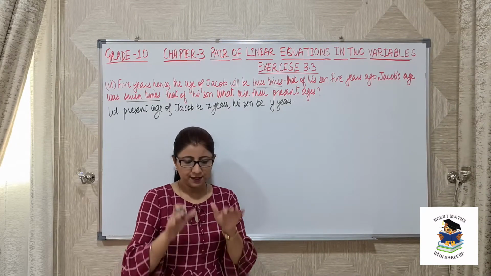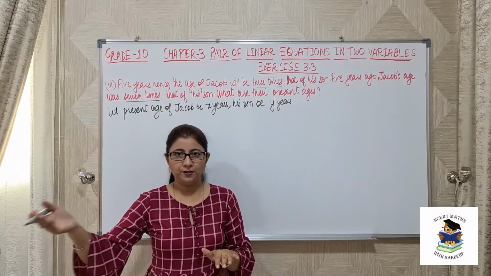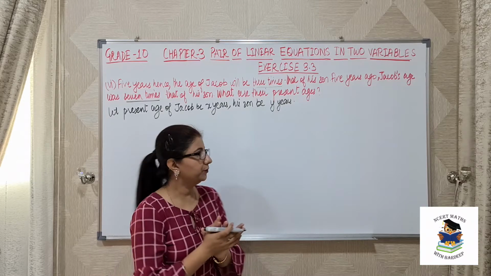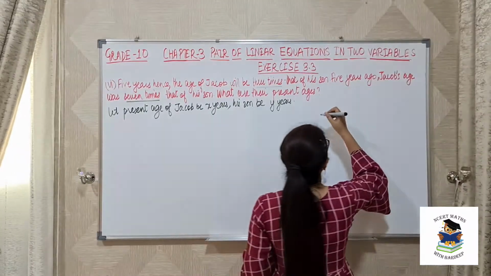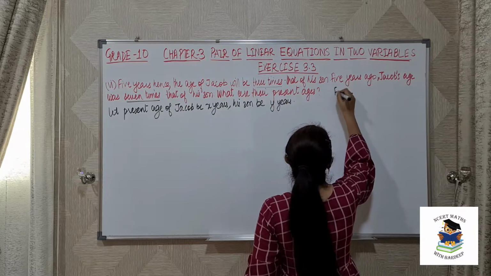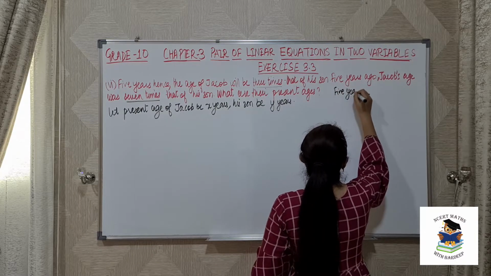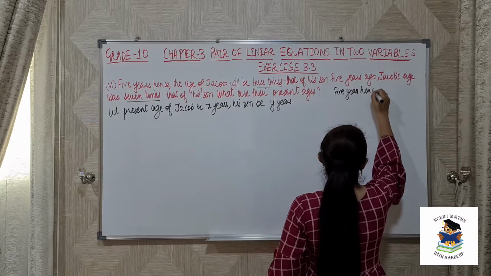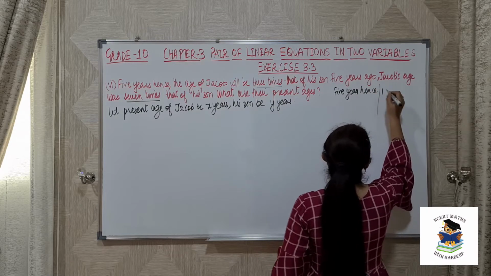Okay. So now two conditions are there. 5 years hence means present age plus 5 years. Okay. From now, 5 years afterwards. So we can make a table. So let this be 5 years hence, or after 5 years, and before 5 years.